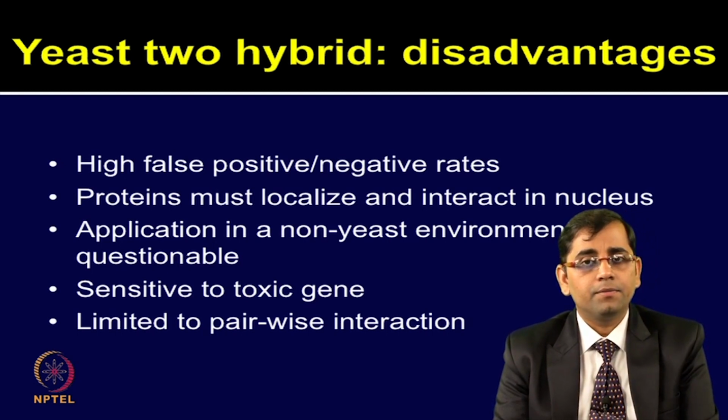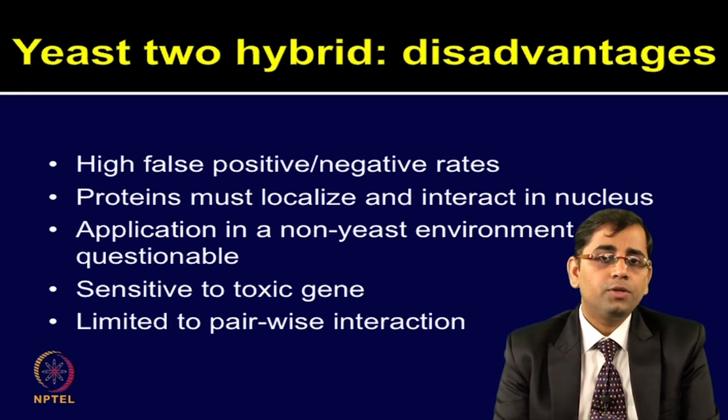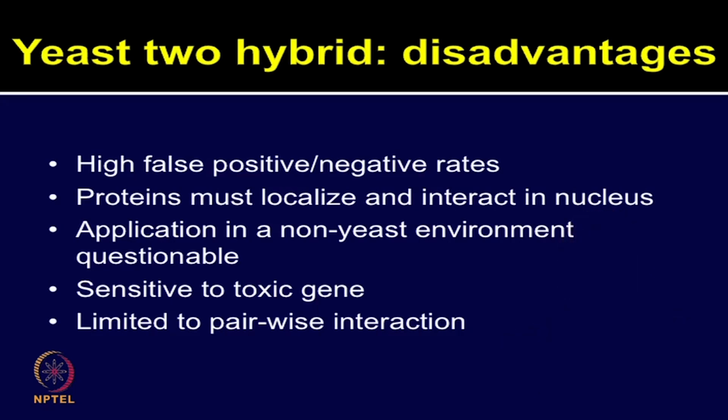If you have a fair idea about the molecules which are potentially interacting, then you can do a pair-wise study by using yeast two-hybrid. If you just want to generate a list of potential interactors, one can quickly use yeast two-hybrid to screen various clone libraries, and once you have established the list of potential interactors, then you can use different methods for validation to really establish how many of these proteins are interacting well and how many of them are false positives.